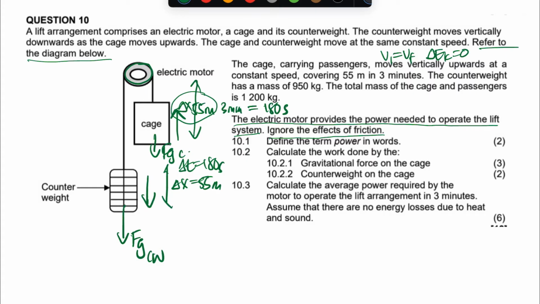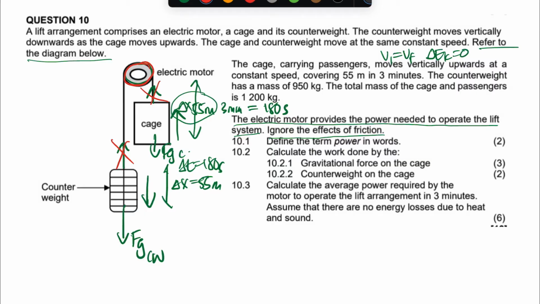And also there's a tension in that direction, and a tension in the opposite direction. Those tensions cancel, guys. So the only forces acting there are the force of the motor and the weights.